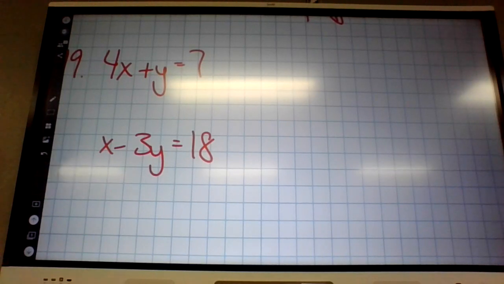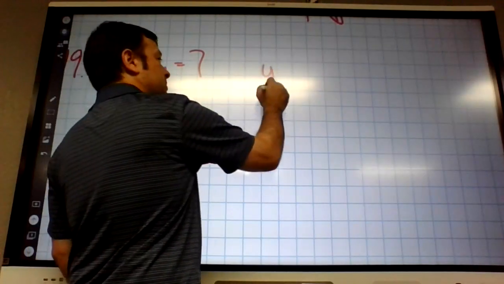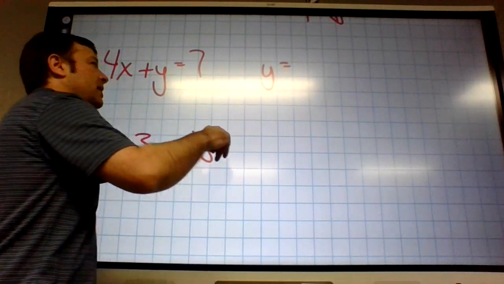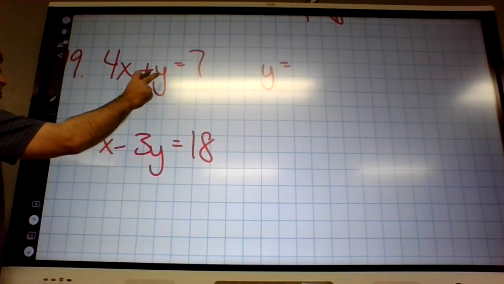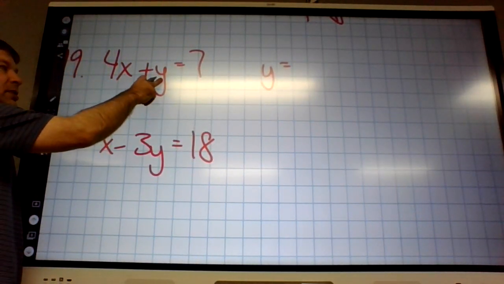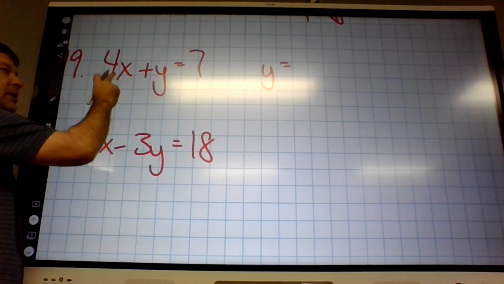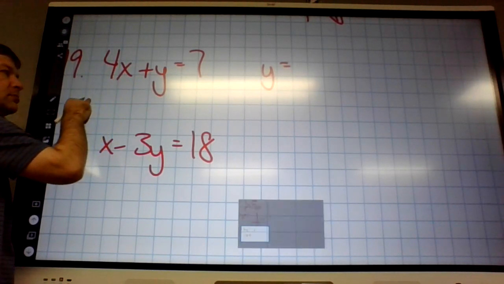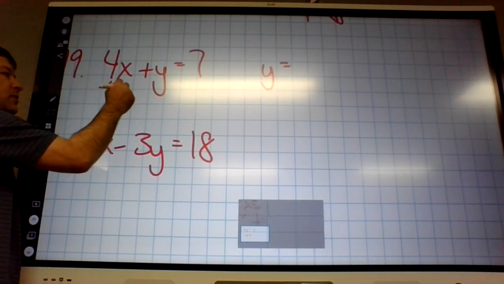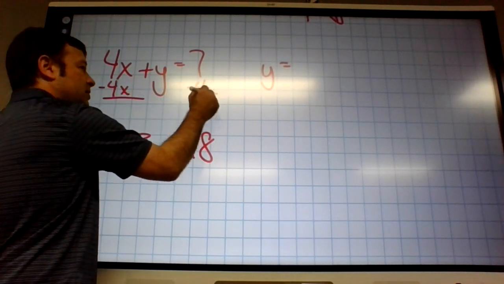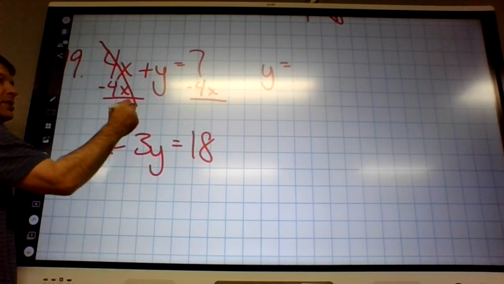Okay, we want it to say y equals blah, blah, blah. So how do I get y by itself on this side of the equals? How do I get rid of this guy? Yeah, minus 4x, minus 4x. So that goes away.